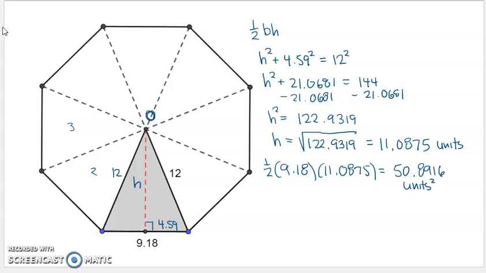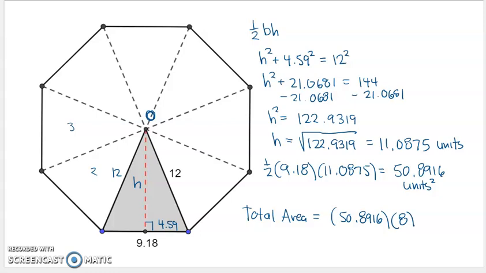Now, in my regular octagon, I have a total of 8 of these triangles. So all I'm going to do is take the area of one triangle, so the total area is equal to the area of one triangle, 50.8916, times the number of triangles, and there are 8 of them.